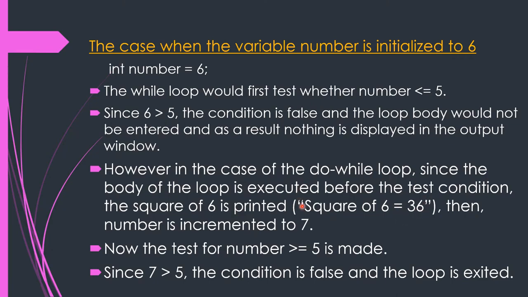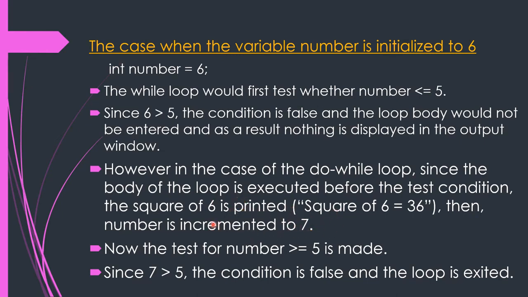After this execution of the statement for one time, the test condition is evaluated. Means the test condition is evaluated after the execution of the body of the loop. So after this step, the number is incremented to 7 because we wrote number is equal to number plus 1. So here we change the number from 6 to 6 plus 1, that is 7.